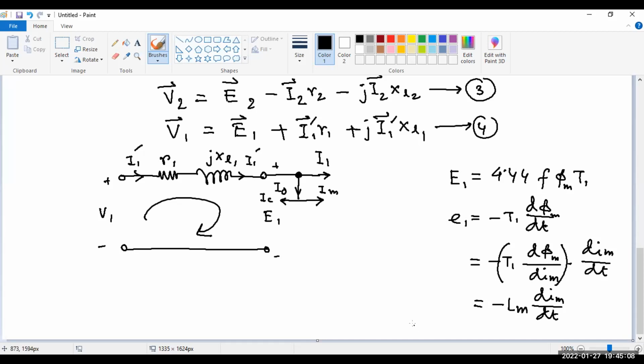And if we represent that in frequency domain or steady state domain, what we get is minus j XLM into capital IM. So that means the E1 is basically a voltage drop across XLM, which is basically a reactance.